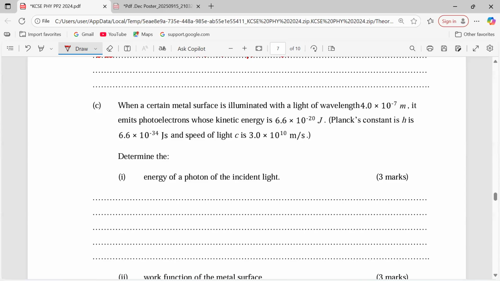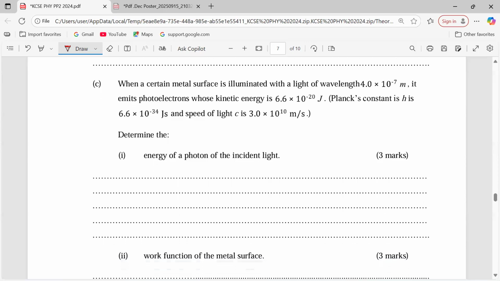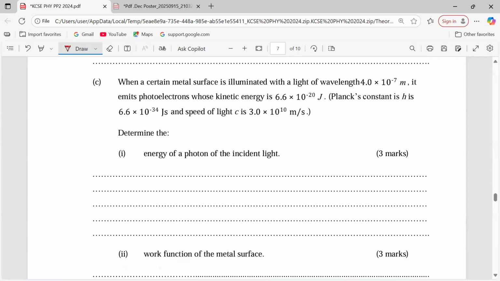Planck's constant is given as 6.6 times 10 to the power of negative 34 joule seconds, and speed of light as 3.0 times 10 to the power of 10 meters per second.